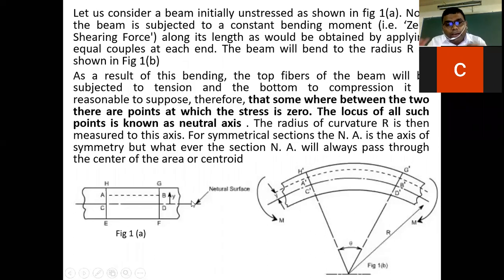If you apply a couple, a moment on that, it bends, suppose like this. There you see this is the radius of curvature, and the two end points are making some angle, that is theta.